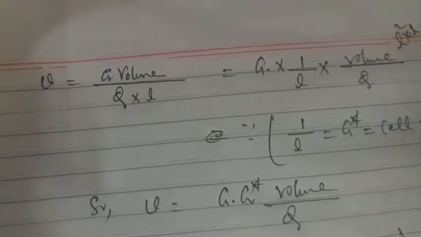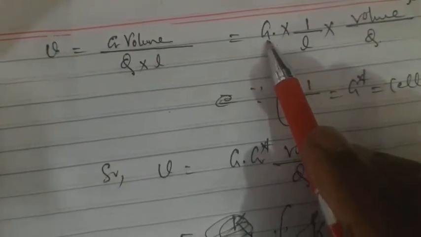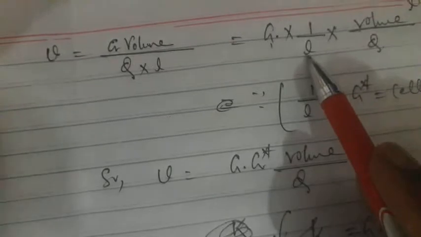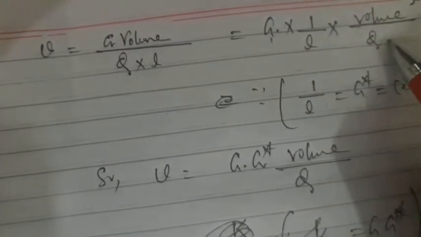LQ is volume. So G, that is ionic conductance, volume, 1 by L, this is Q.